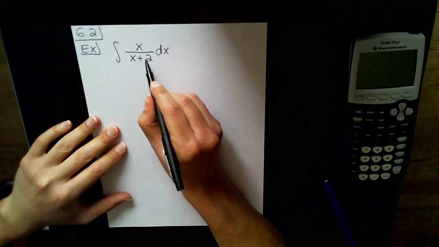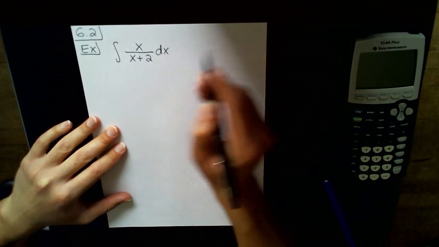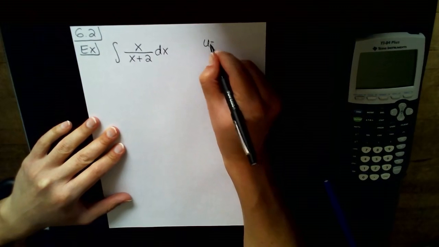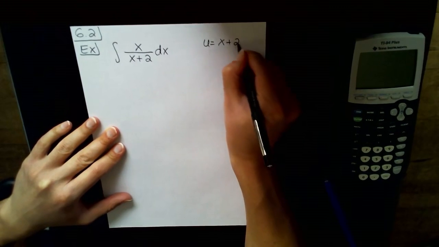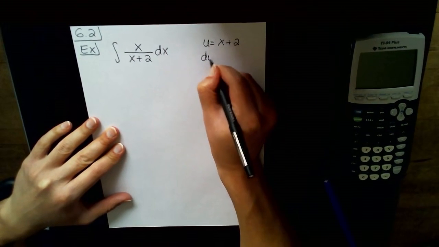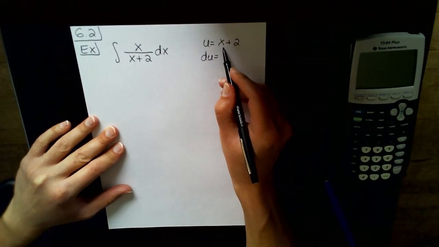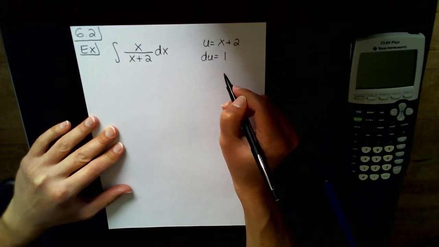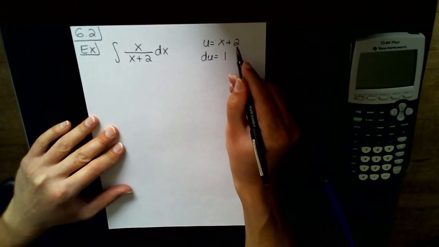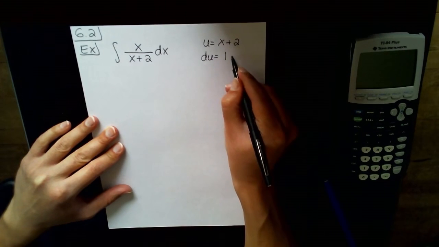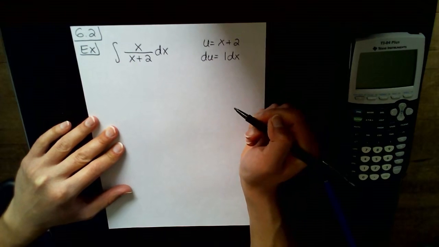So we're going to let u equal the denominator and see if it'll work out. So u equals x plus 2, which means du equals the derivative of x plus 2. Well, the derivative of x is 1, and the derivative of plus 2 is just 0, so we get 1 dx.